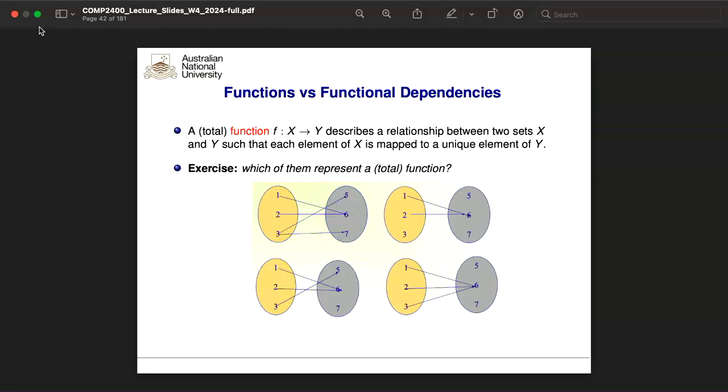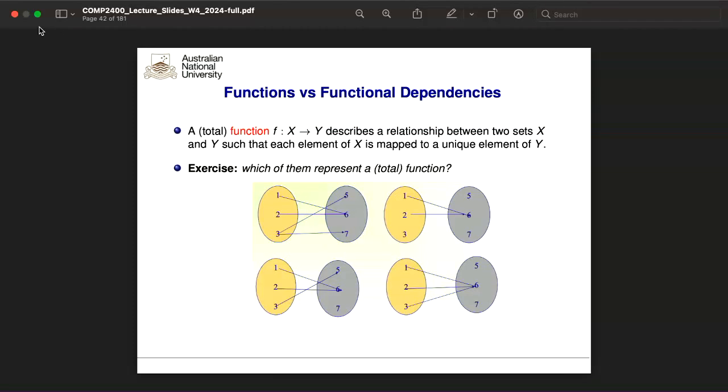Can someone tell me? Top right? Do you think that is a total function? Which ones are total functions? How about the first one?